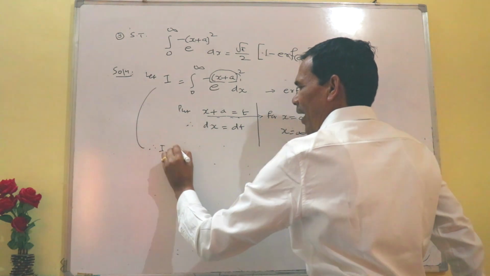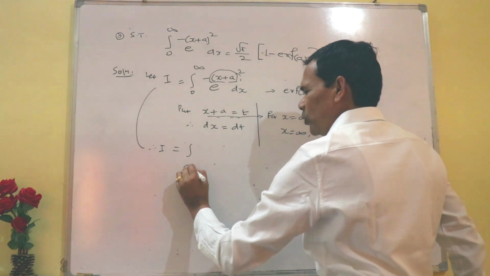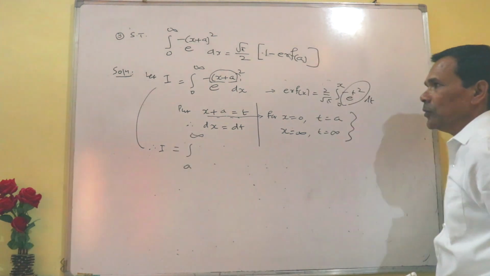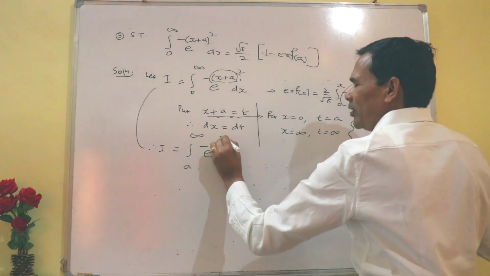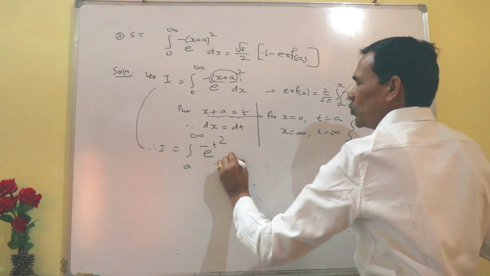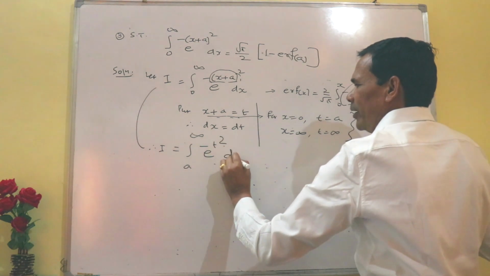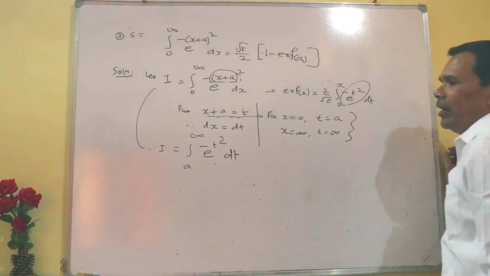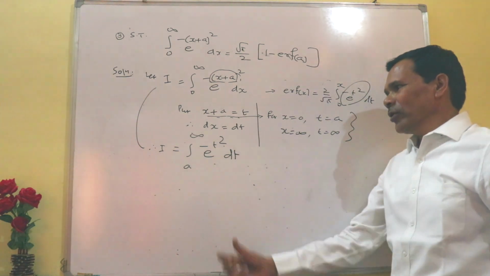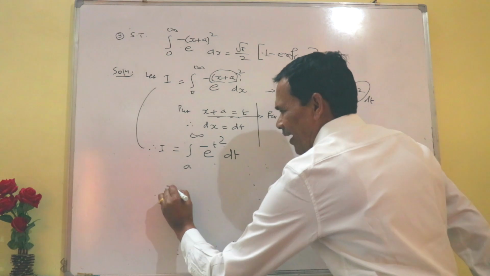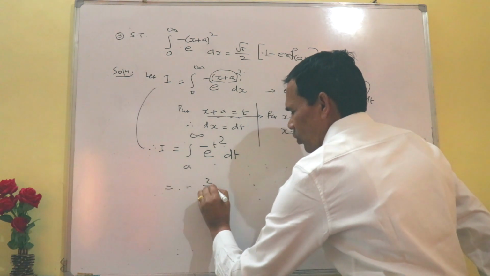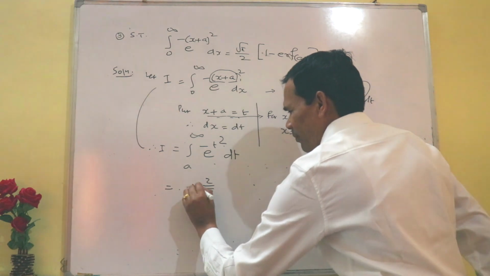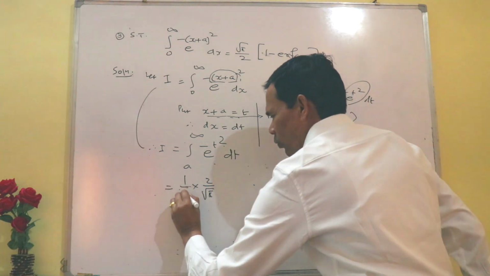Therefore the integral I has the form a to infinity e raised to minus t square dt. Now these are the limits naturally for the complement. Only thing is that 2 upon root pi is missing here, so I multiply and divide by 2 upon root pi.